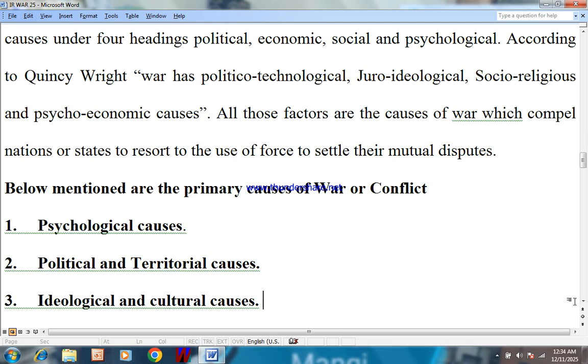According to Quincy Wright, war has politico, technological, geo-ideological, socio-religious, and psycho-economic causes. All these factors are the cause of war, which compel nations or states to resort to the use of force to settle their mutual disputes.